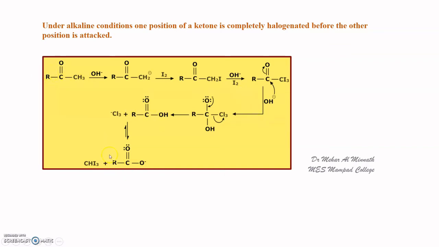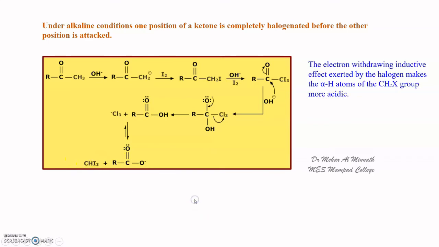Okay, and finally you get here a haloform. You're getting an iodoform here. If you're using bromine as the halogen, then you get bromoform. So that is the haloform reaction, which is very common, a reaction which we use to detect the presence of COCH3.